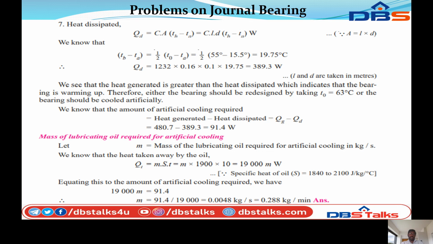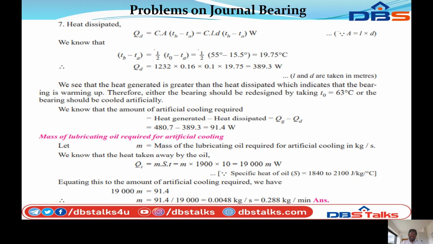Next we can calculate the mass of lubricating oil required for artificial cooling. Let M be the mass of the lubricating oil required for artificial cooling in kg per second.